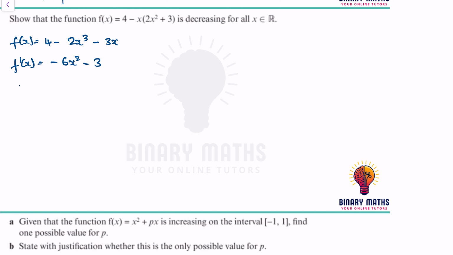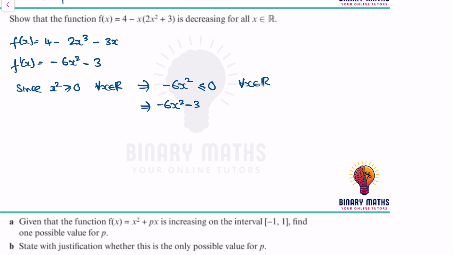Now, since x squared is greater than or equal to 0 for all x an element of the reals, that implies minus 6x squared is less than or equal to 0 because we're multiplying by minus 6, for all x an element of the reals, which implies minus 6x squared take away 3 is less than or equal to negative 3 for all x an element of the reals.